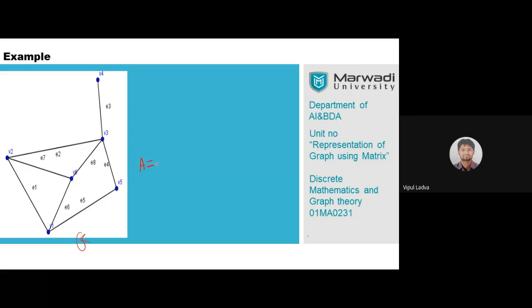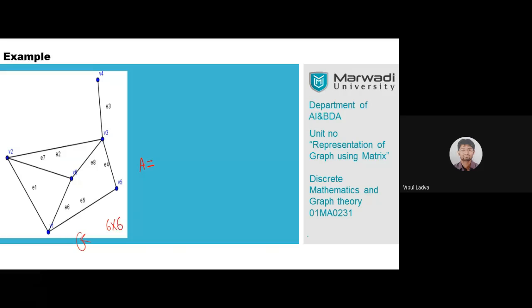Now, if you wish to identify the adjacency matrix of this graph, then first of all, provide me the order of this matrix. What will be the order of this adjacency matrix? How many vertices are we having in this graph? 6 vertices, is it?